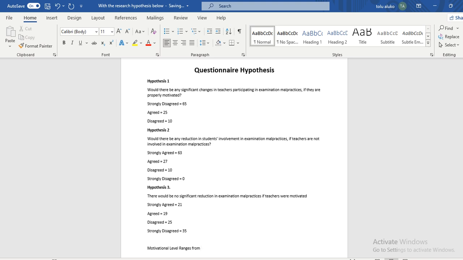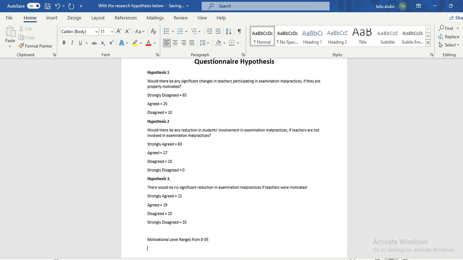Okay, I can say ranges from 0 to 25. So the level of motivation now is low, to 35 rather. So the motivational level is low.